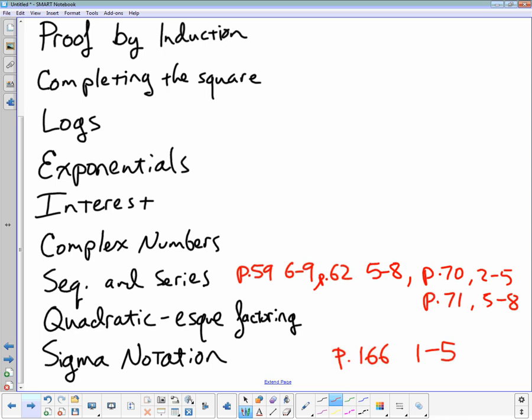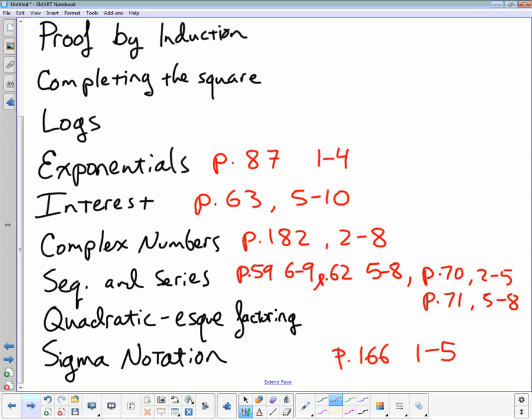Complex numbers, page 182, 2 through 8. Compounded interest, page 63, 5 through 10. Exponentials, page 87, 1 through 4.